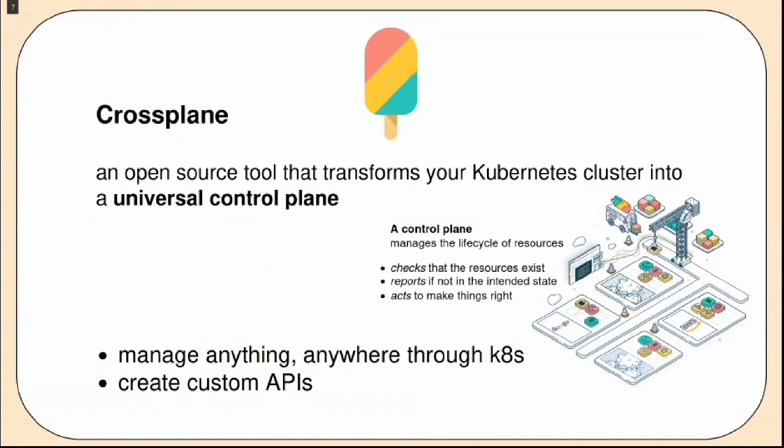There is another thing Crossplane can do: you can create custom APIs, which is something we don't really use, but I think it's a killer feature for Crossplane. It can be super handy for larger teams. If you have a platform team creating custom APIs, it can be a group of components, and you don't need to expose your developers to the complexity of all the things.